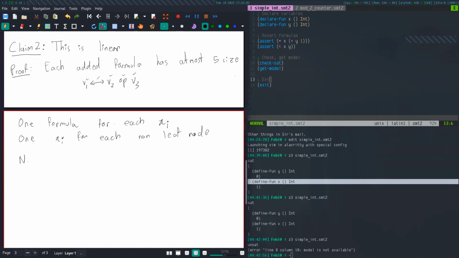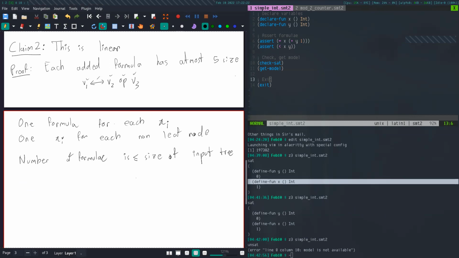So the number of formulas is basically the size of your input tree, right? Right.